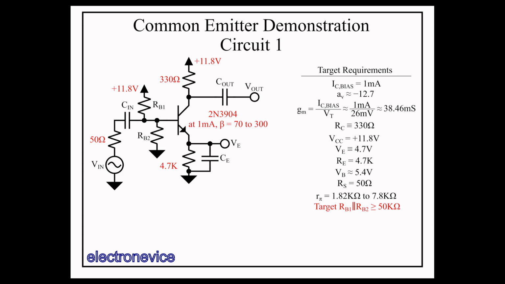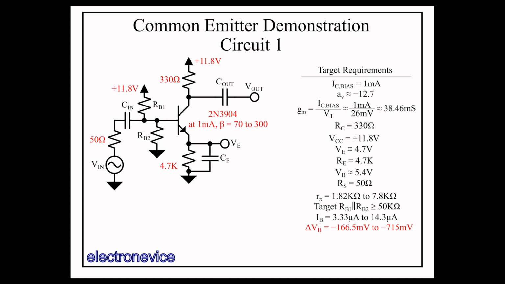So we see that the base current due to the beta and IC bias values varies from about 3.33 microamps to 14.3 microamps. Assuming a 50 kiloohm Thevenin equivalent resistance for the RB1-RB2 divider circuit, this translates to a base voltage decrease due to the base current of 166.5 millivolts to 715 millivolts.